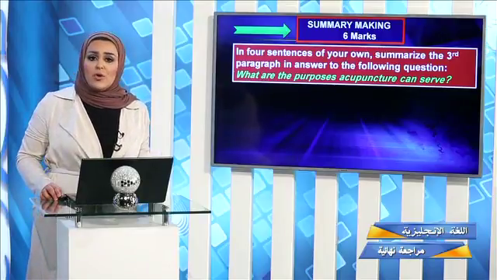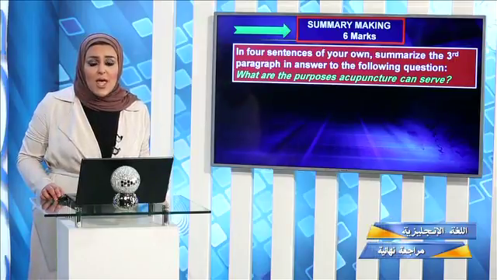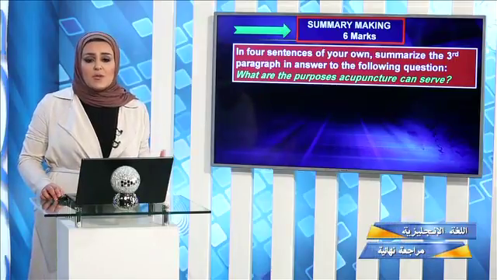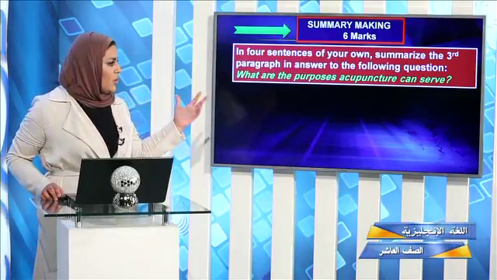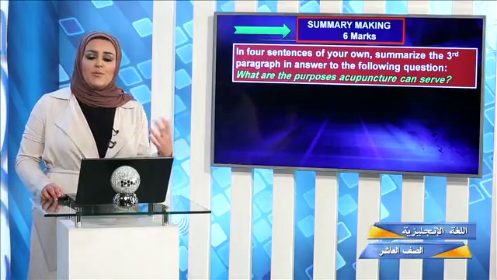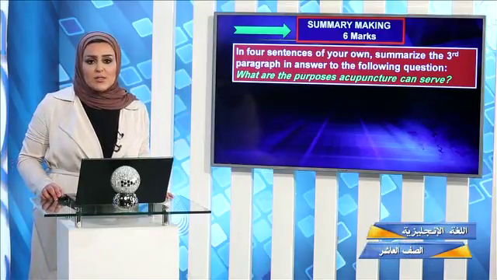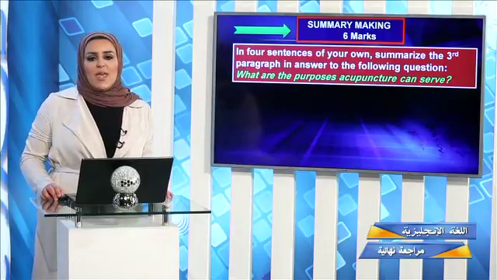It's up to you if you want to start with an introduction sentence and then start summarizing or paraphrasing the information you underlined. You paraphrase it and write the 4 sentences, and then you can also add a conclusion. So this way you will write your summary really well.